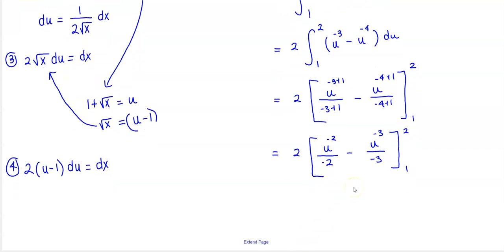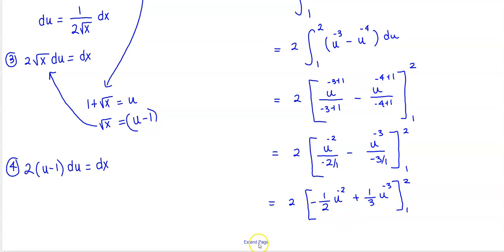Now we multiply by the reciprocal of what's in the denominator. So we have 2 times negative 1/2 u to the negative 2, and since this is a negative times a negative, that's a positive 1/3 u to the negative 3, going from 1 to 2.